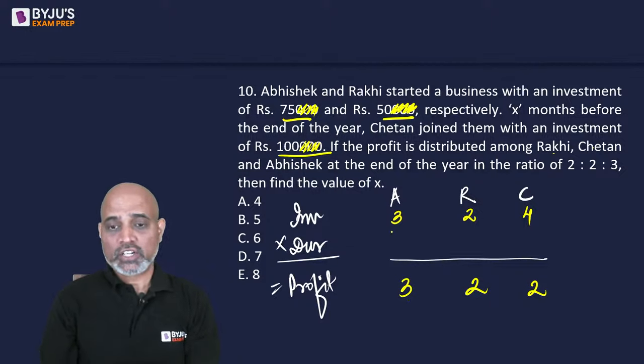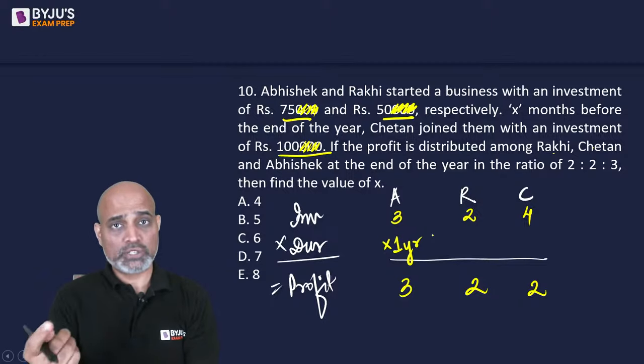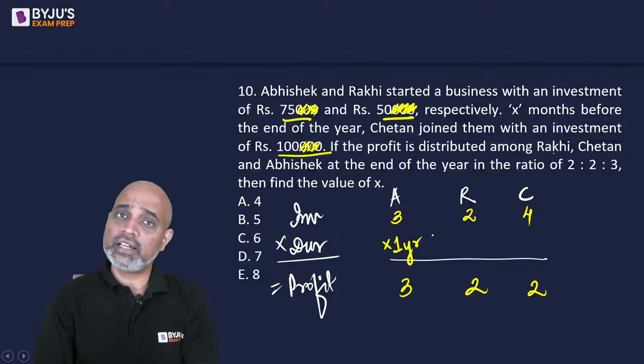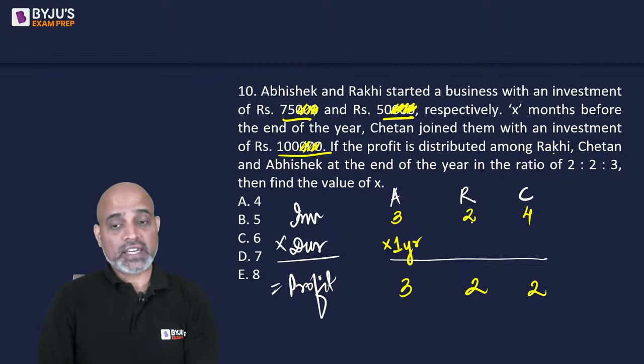Right? So 3 into what will give us 3? 1. तो अपन इसको 1 year मानेंगे because Abhishek and Rakhi, they were there for the entire year, right? Rakhi, 2 into what will be 2? 1. So 1 year. 4 into what will be 2? Half. So half a year.